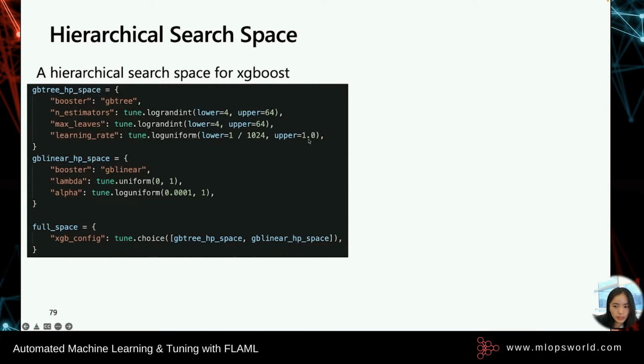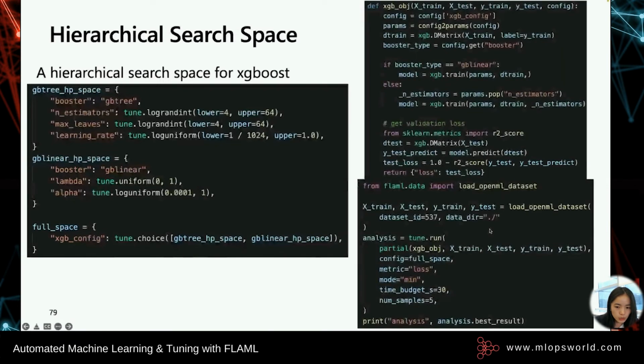More specifically, in the case of GB tree, these are some of the hyperparameters you need to tune. And in the case of GB linear, the hyperparameters you need to tune are totally different from the case in GB tree. So with tune in FLAML, I can directly code the search space in this hierarchical way and then directly do the tuning as shown in this code example.